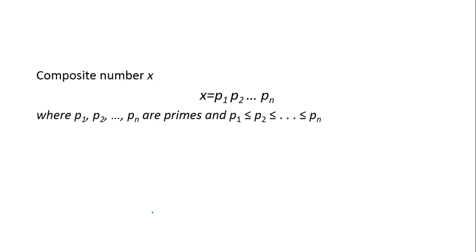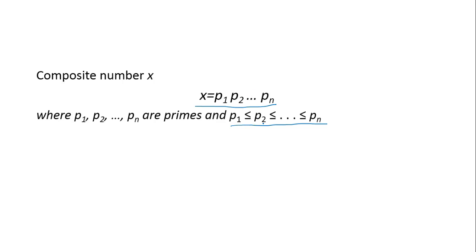Now let's consider a composite number x. As we saw before, we can write x as the product of prime factors. Suppose we have written x as a product of prime factors p1, p2, etc. up to pn, and all of them are prime numbers. And we have this additional condition, that we are arranging the prime factors in ascending order.